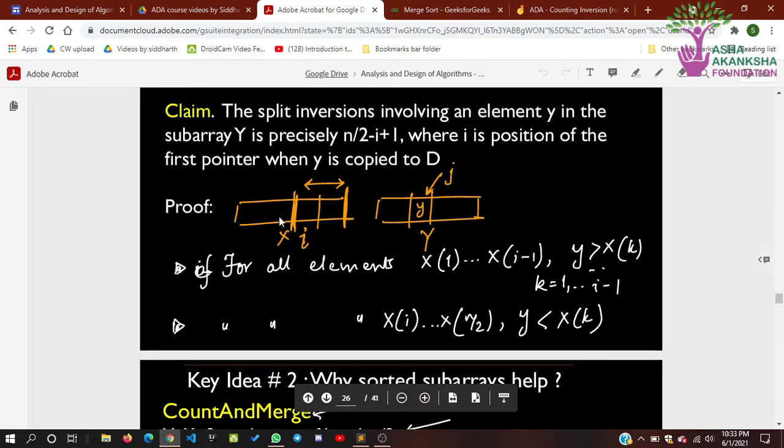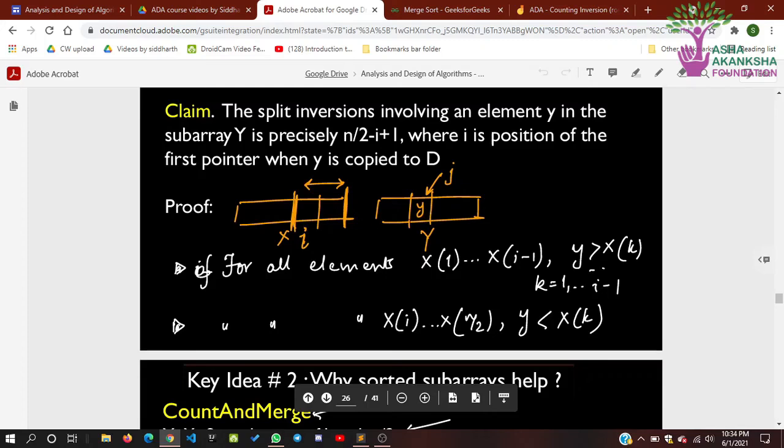In any instance of merge sort, suppose i's value is something and j's value is also something, and the element at the jth index is y. i and j are indexes, and the element at the jth index is y. Now, in the merge sort algorithm, we are comparing the element's value.